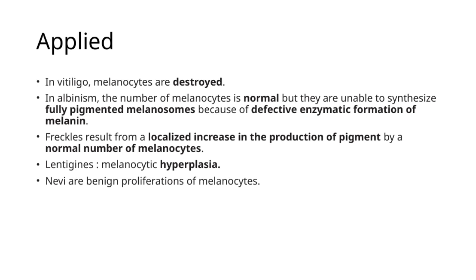Finally, nevi, or moles, are benign proliferations of melanocytes. They're generally harmless but are important to recognize as they are common pigmented lesions. All of these variations highlight the different ways melanocytes and melanin production can change, either in number or function, and how these changes contribute to the diverse pigmentation patterns we observe.